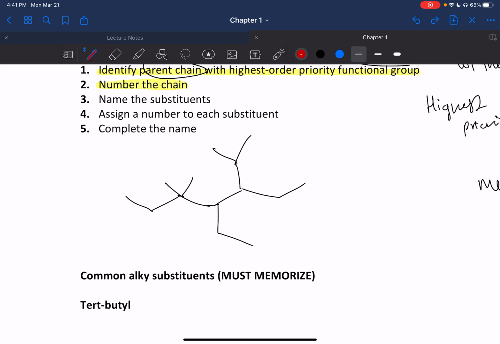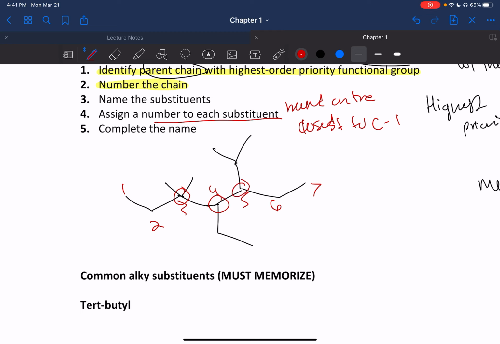Basically what I'm trying to say is we need to assign a number to each substituent based on the closest to C1. So let's try 1, 2, 3, 4, 5, 6, 7. Our first substituent is on carbon 3, then we have one on 4, one on 5.